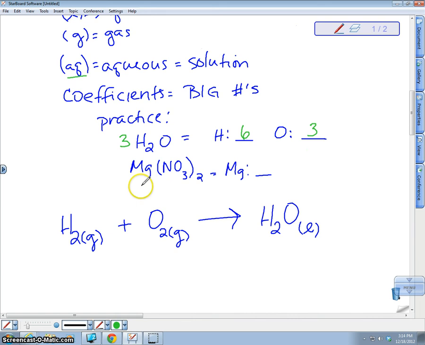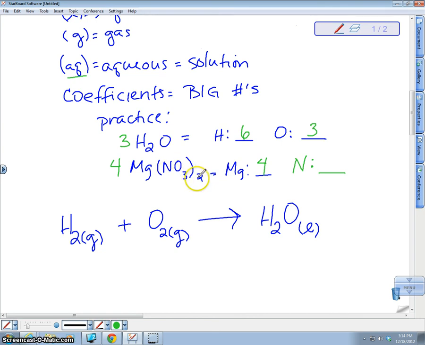Okay. Here, if we have, say, 4 magnesium nitrates, we don't have just 1 magnesium, right? Because we have 4 magnesium nitrates, that means we have 1 magnesium in each of the 4 magnesium nitrates to give us 4 total magnesiums. Nitrogen, we have 1 nitrogen times 2 is 2 in each magnesium nitrate.